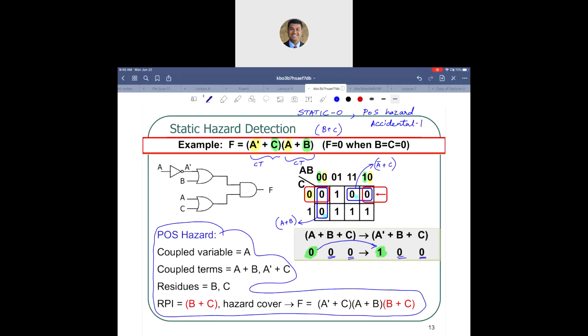So you could write a similar statement here, right? You could say the condition is when A changes from 0 to 1 while B equals 0 and C equals 0. That's when the glitch could occur. And you fix that by adding the RPI term. In this case, what is it? B or C, because for both of them, B is a 0 and C is a 0.